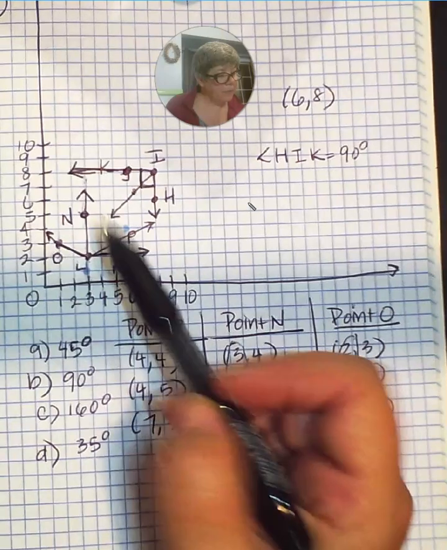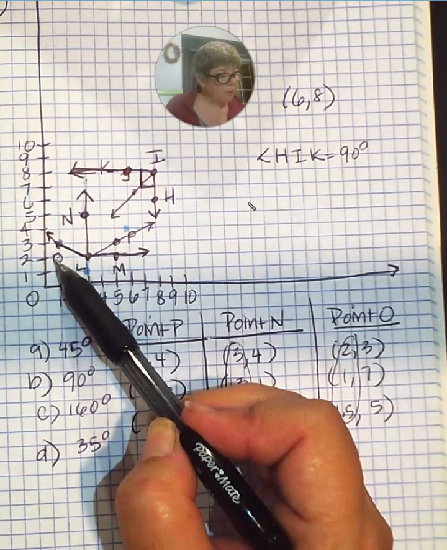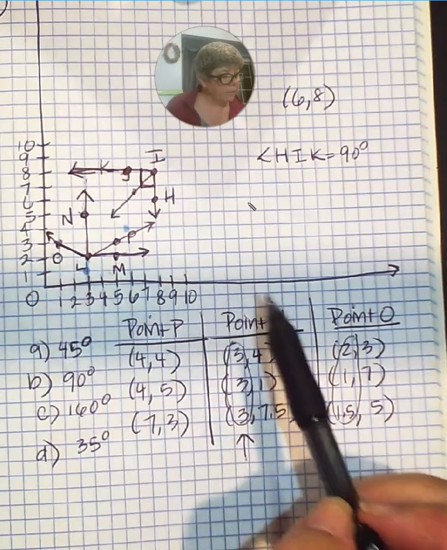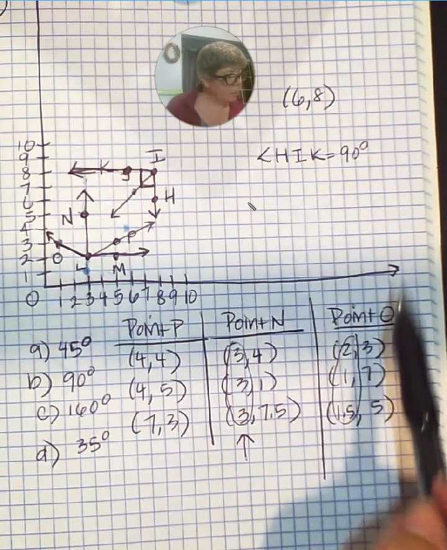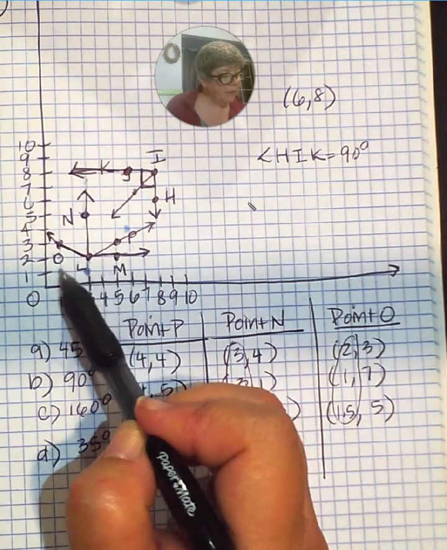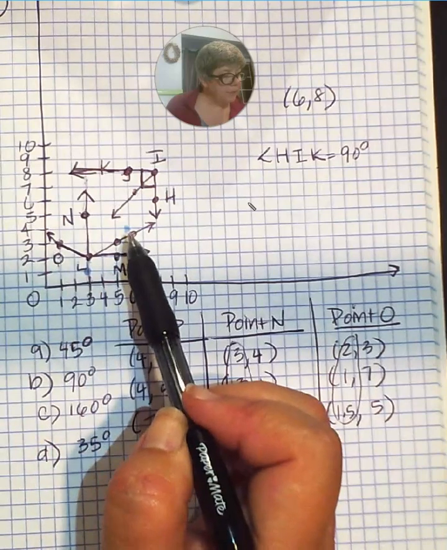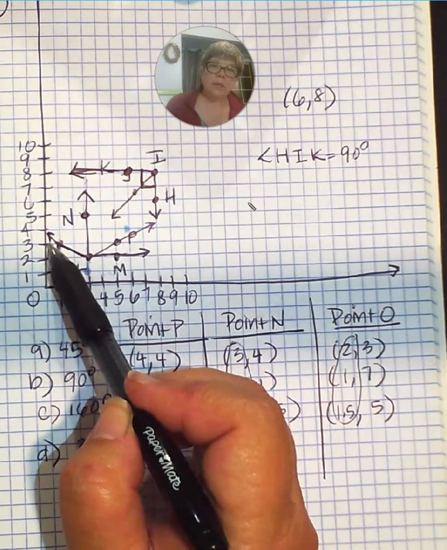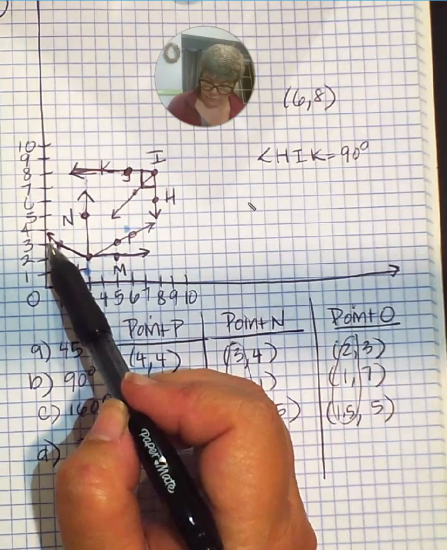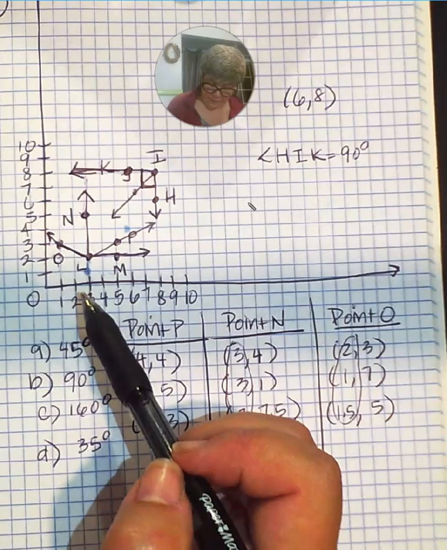So they all have to be either 2, or 1, or 1.5, less than 3, so that they are forming an obtuse angle. Does that make sense? Okay.